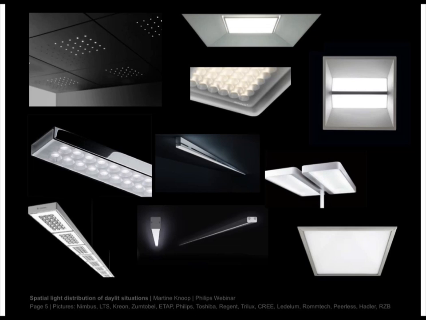We can see on the market larger luminaires with large diffusers, which give a very diffuse lighting in the room. On the other hand, the market offers luminaires with very small point sources that might realize very directed light.